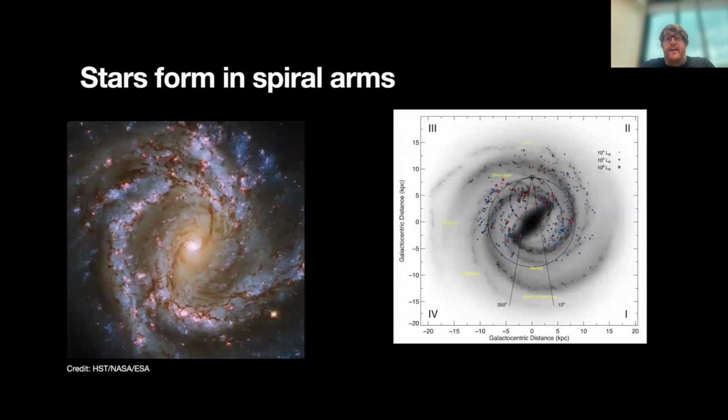So the first thing is, and this sounds very simplistic, so apologies for that, but it is a fairly important thing to stress as we look at this survey, and that is that as we look at extragalactic surveys and extragalactic data, and a very striking example is shown on the left, it's obvious that stars are forming in spiral arms.